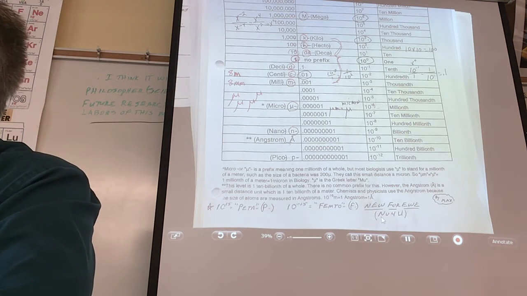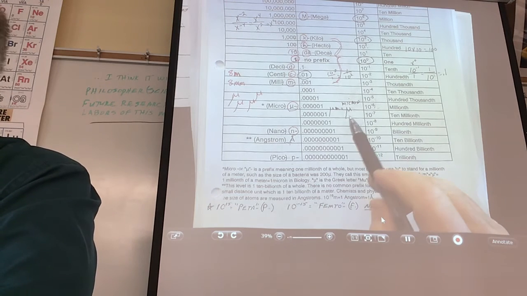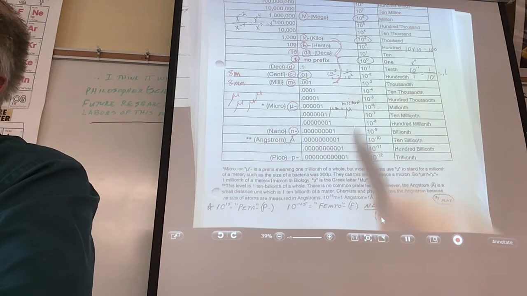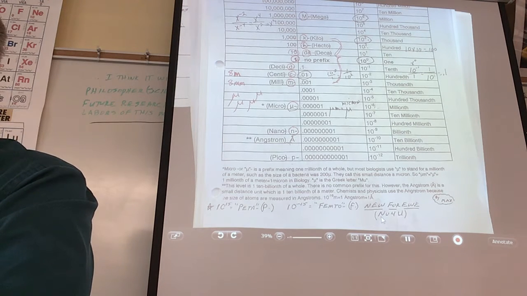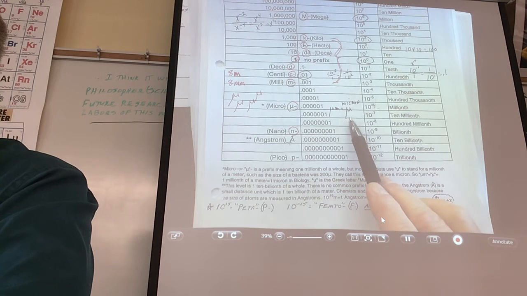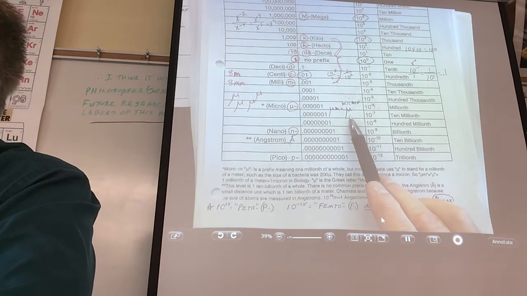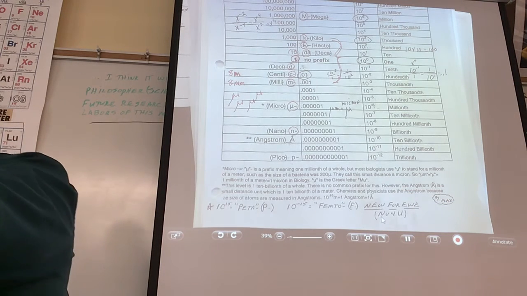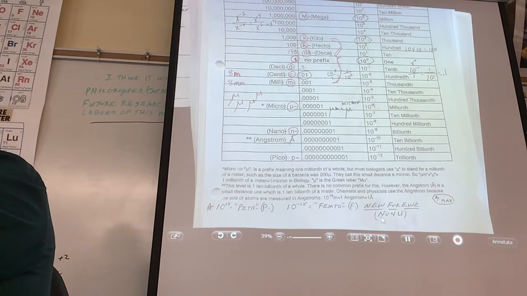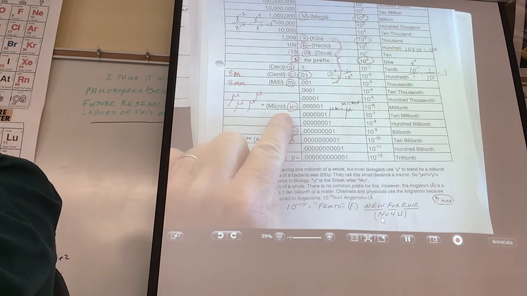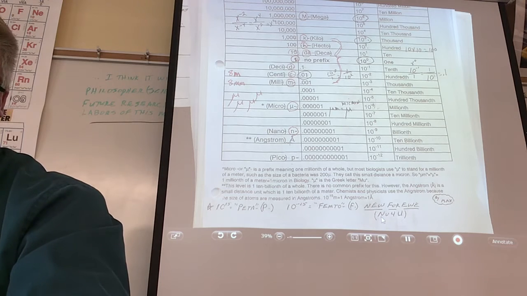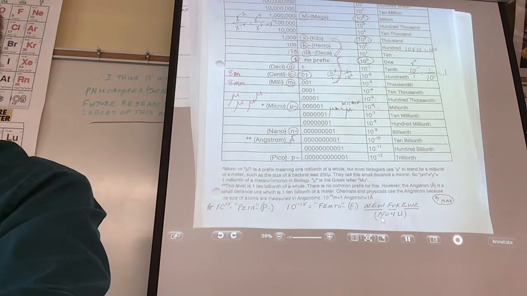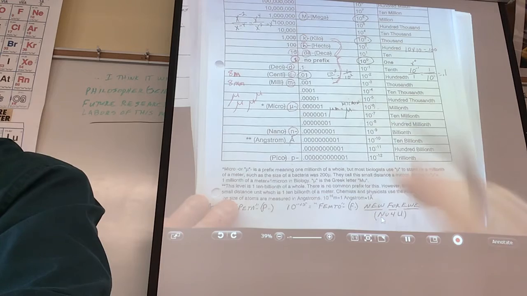So maybe it was something like that. Now, what's interesting is, guess what they use for the symbol for a micron? They used the plain old mu by itself, not as a prefix. So if I were to see a mu symbol by itself, it would mean micron, which is micrometer, isn't it? But if I see the mu symbol as a prefix, means something comes after it, then it means micro, doesn't it? Micro whatever. And they use that to measure the size of cells and things like that.